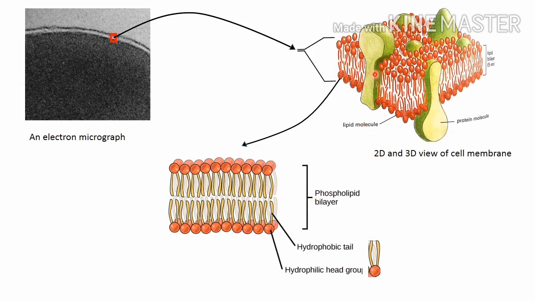Besides these phospholipid molecules, protein molecules are also present, as represented by these green entities. These integral proteins are an important component of a membrane, and they have various important roles in the functions of a cell that will come later on.